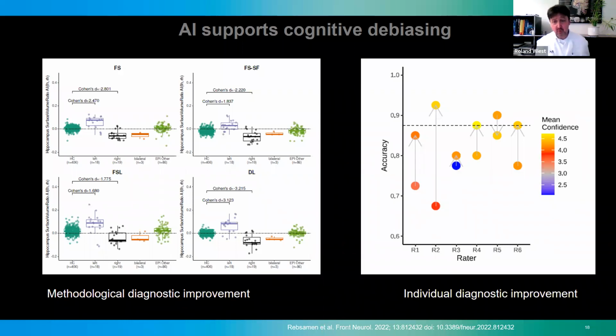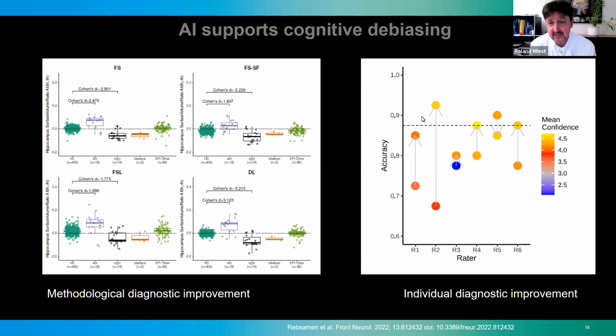But I think the most important question here is, what's the individual diagnostic improvement? We did a study with six different raters where we used ultra-high field MR as a reference, and we looked at the performance of these raters when informed by the models, whether they get better or worse, and also, with a questionnaire, whether the mean confidence increased by using this kind of technology.